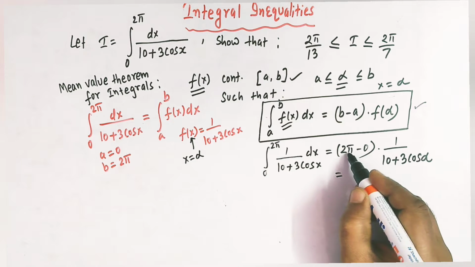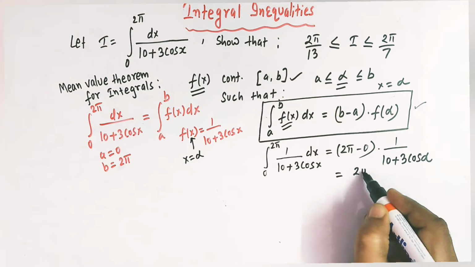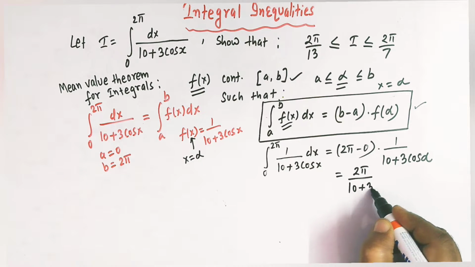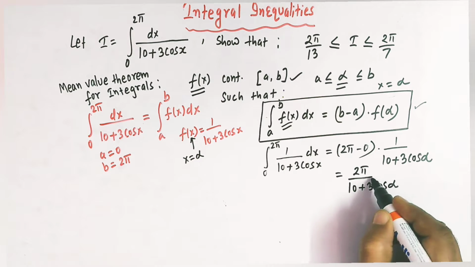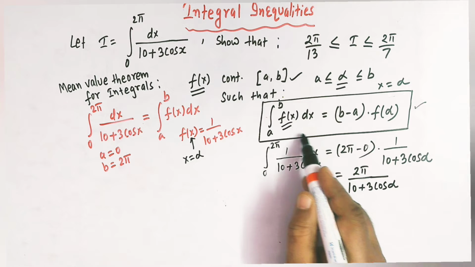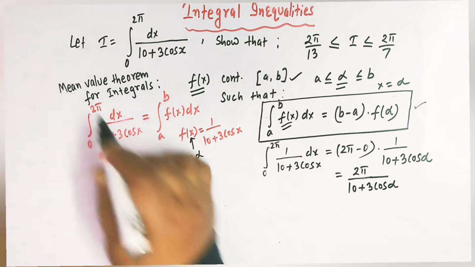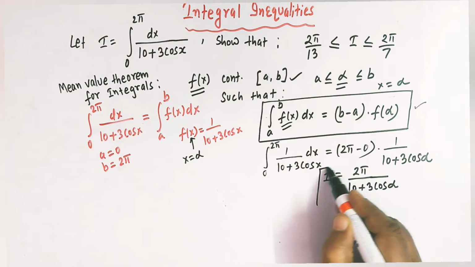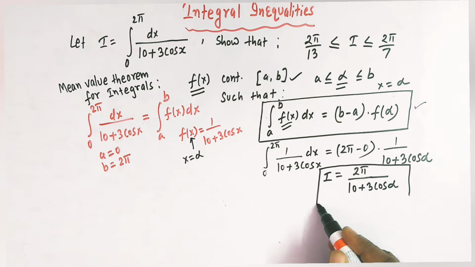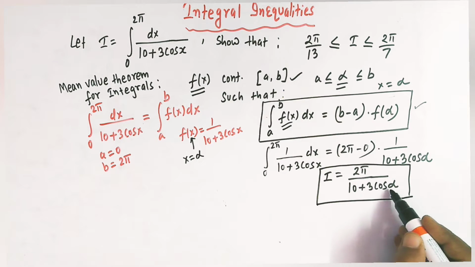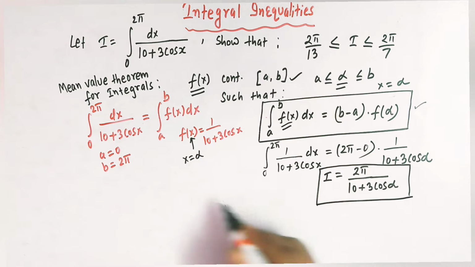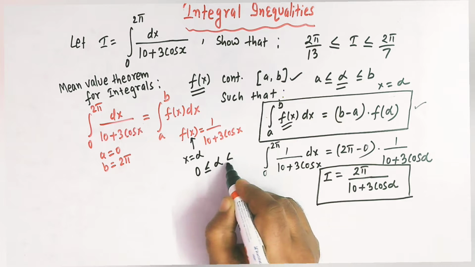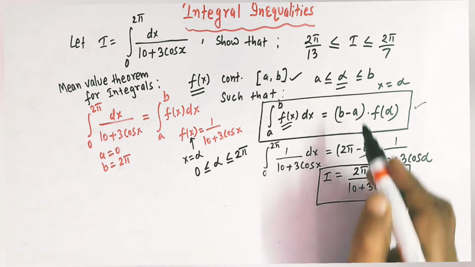Now 2 pi minus 0 is simply 2 pi, and this integral is our integral I. So we have I equal to 2 pi over 10 plus 3 times cos of alpha, where alpha lies between 0 and 2 pi.